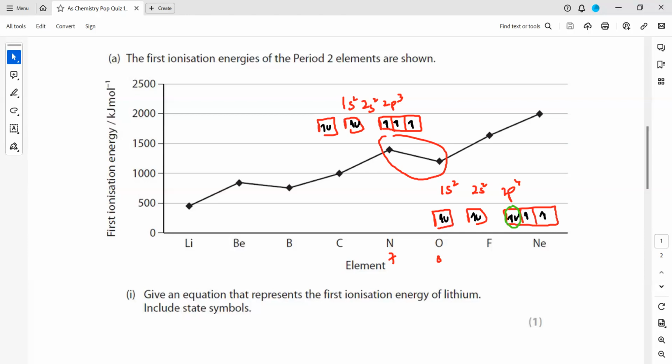Unpaired electrons occupying singly have repulsion but less repulsion, whereas in this case they have more repulsion. So it becomes much easier to remove the electron. If I supply a small amount of energy, I can easily remove this electron compared to when they occupy singly.